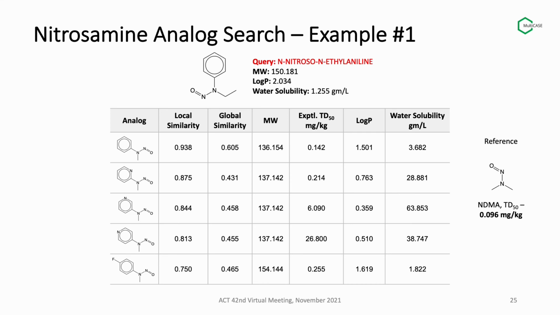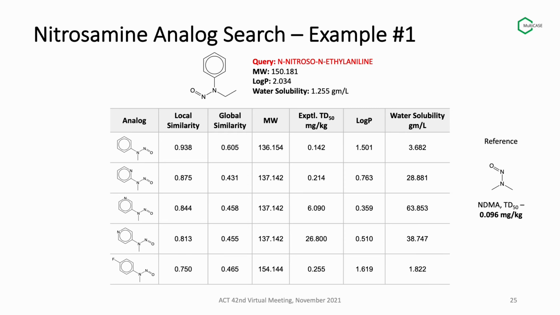And the analogs are also shown with their local similarity measure and the global similarity measure in the second and third column respectively. So as you can see, the local similarity is always higher than the global similarity values, which makes sense.